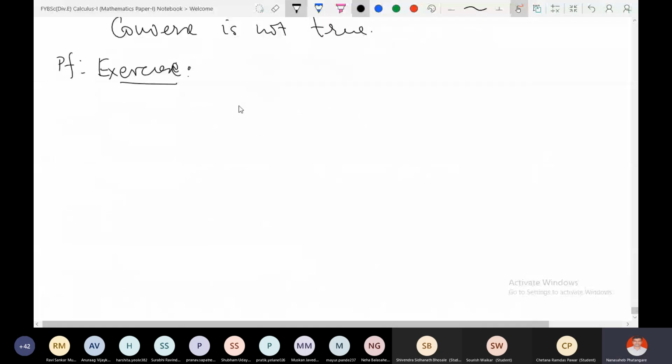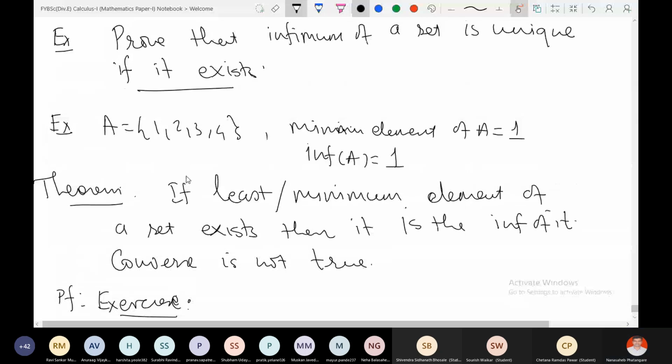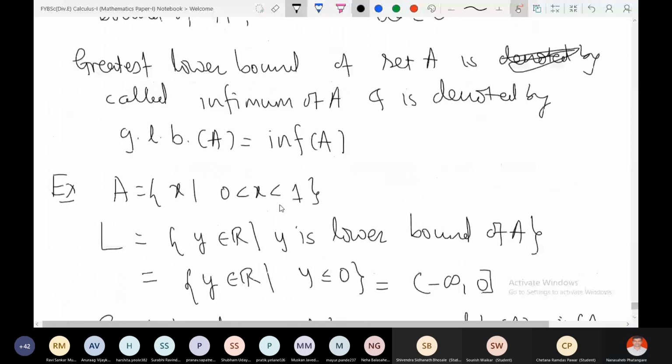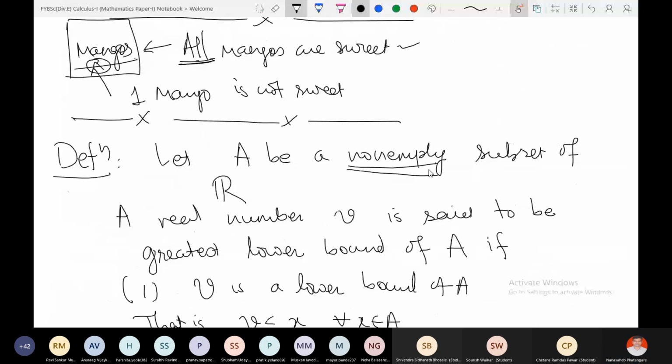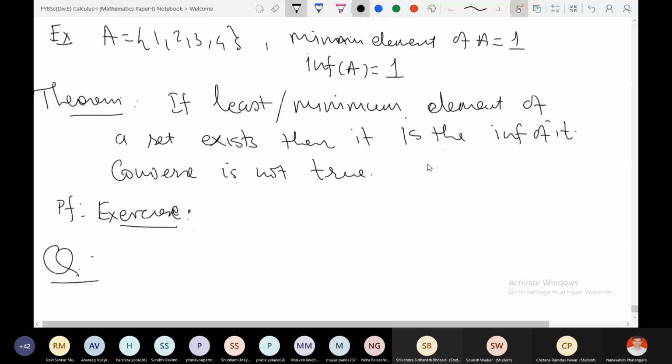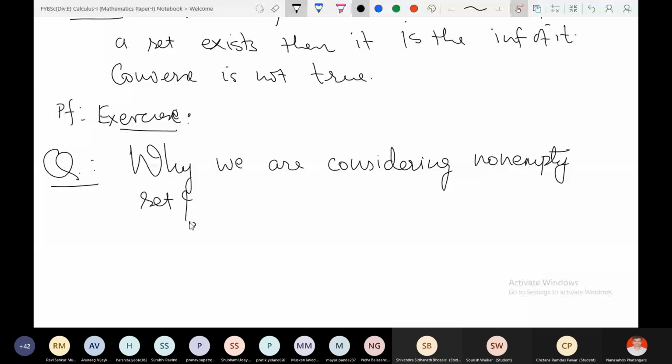Now, one obvious question must be in your mind, a basic fundamental question you should ask: why am I saying non-empty? Why are we considering a non-empty set?